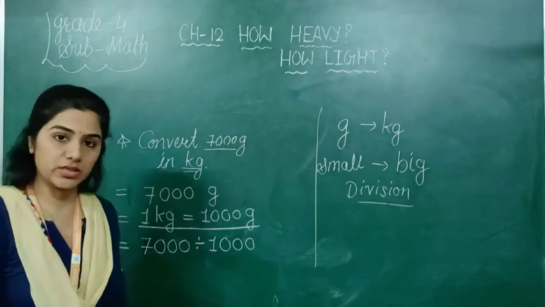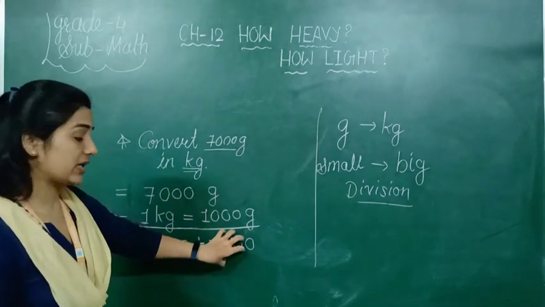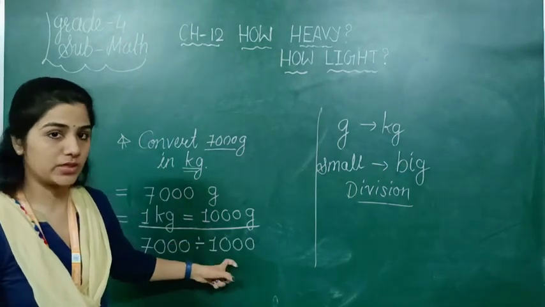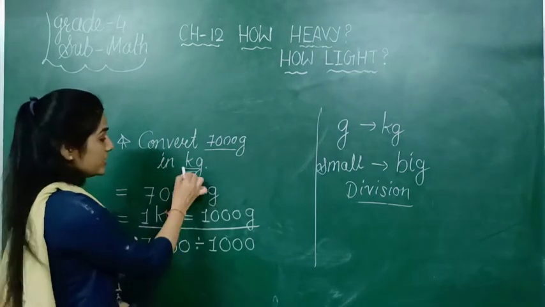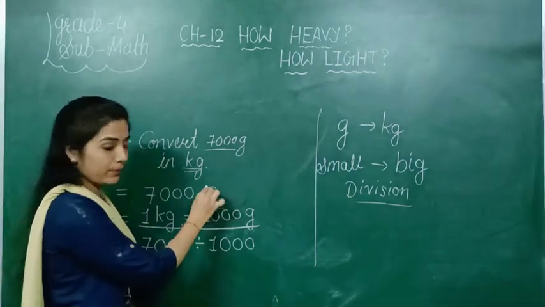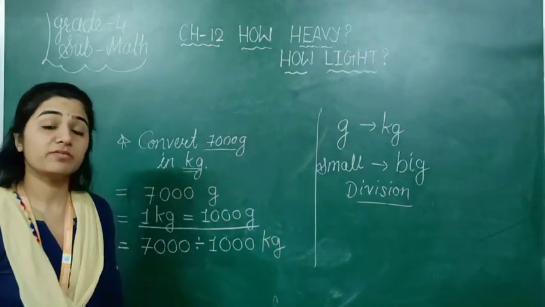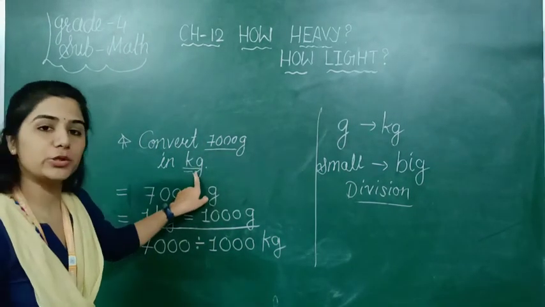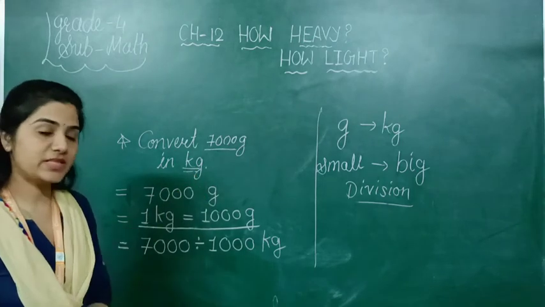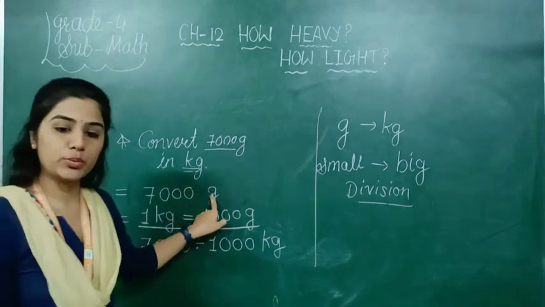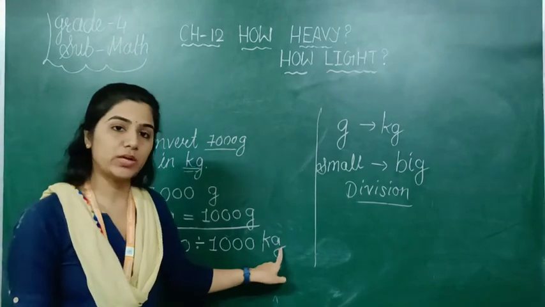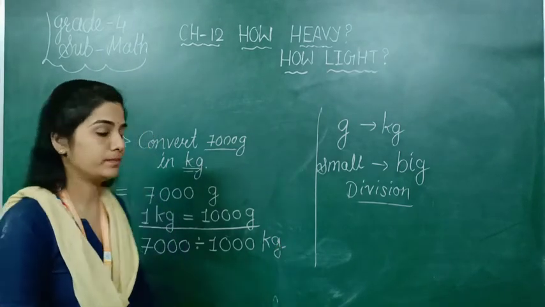Now remember one thing: whenever you divide by this 1000, remove this gram and put the kg unit. Why? Because we are converting into kilogram. That's why remove the gram unit and put the kilogram unit in short form.